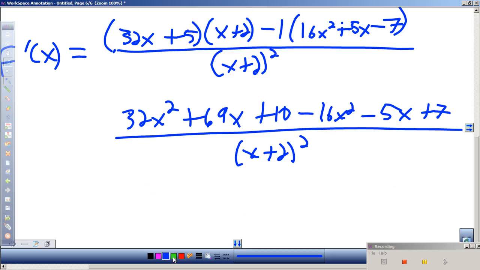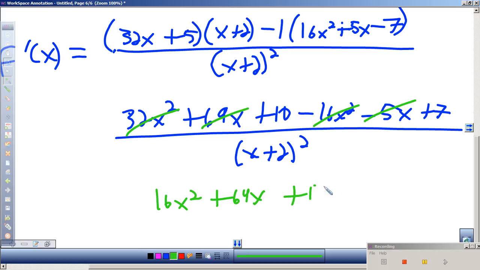Combine my terms. Here, those two, 69 minus 5 plus 64x, plus 17. And most of the time, you probably want to leave it as just x plus 2 squared instead of multiplying it out.